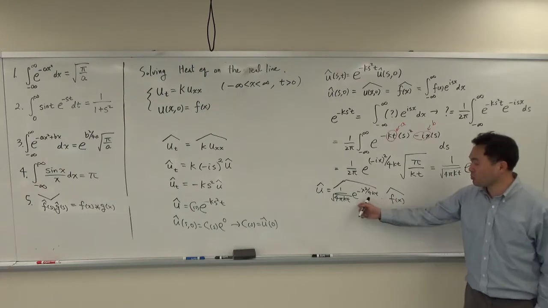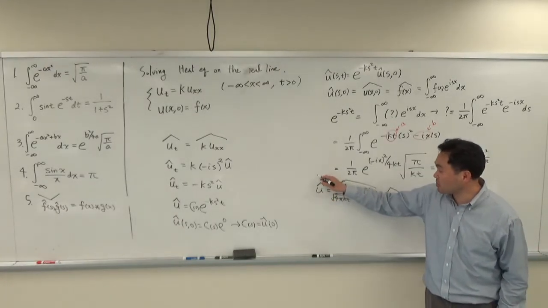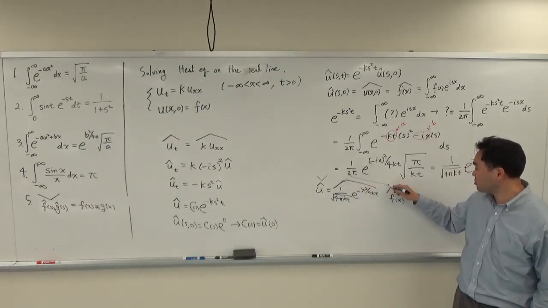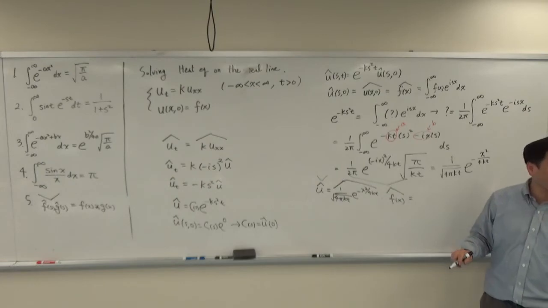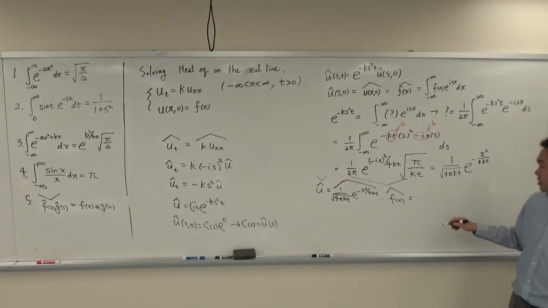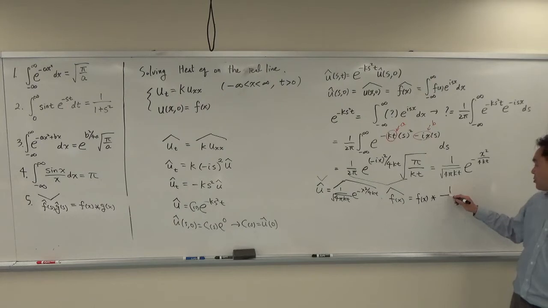Right, it's a Fourier transform times a Fourier transform. Therefore, if I want to recover u, what do I do? You take the inverse transform. So do the inverse transform of this, which is the convolution of the two things. And I said with convolutions you can change the order, so you can have f of x convolved with this function.